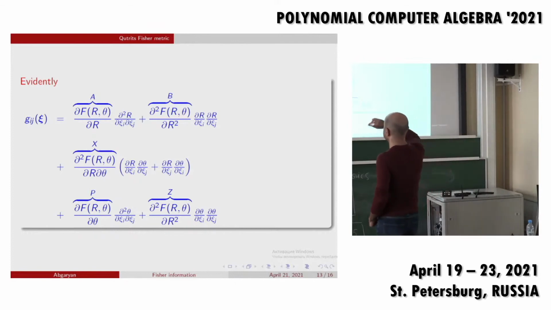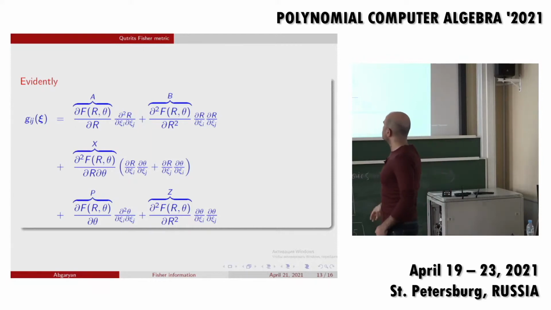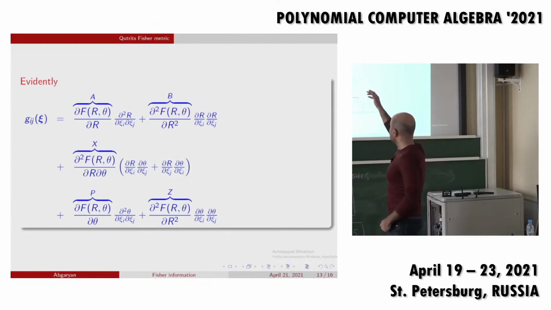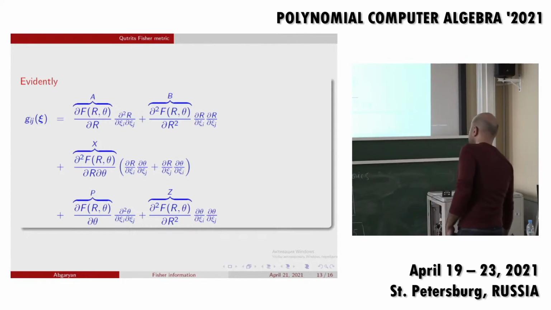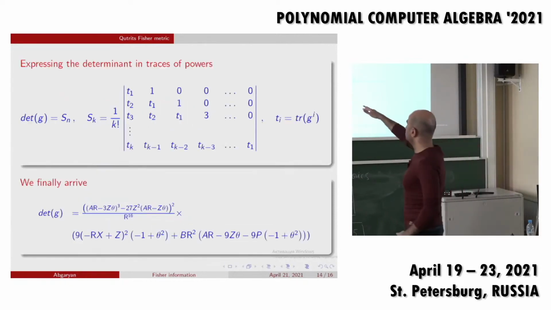Basically, let's pass to the coordinates corresponding to the SU(N) invariance, because the function that we differentiate to get the metric tensor depends only on the eigenvalues. I introduced here some notations. They are not very important in this context yet. Now we want to calculate the determinant of this matrix.